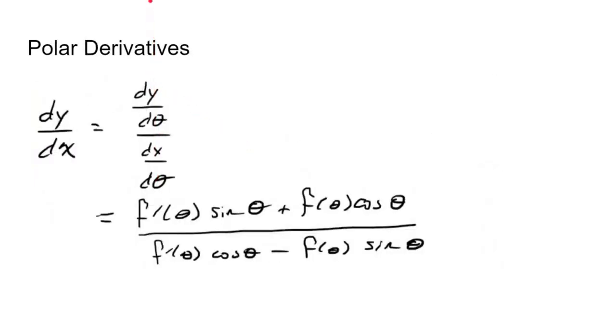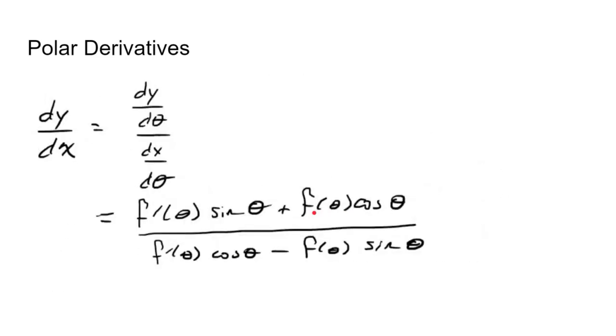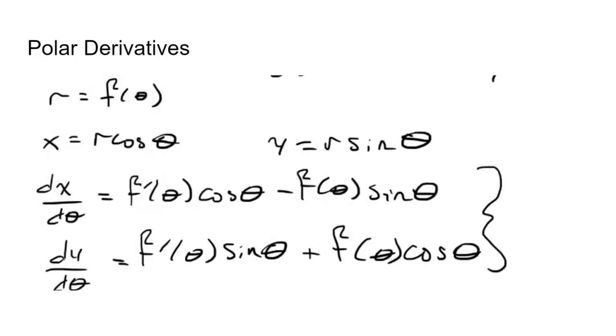dy d theta over dx d theta. So the only thing that changed was instead of t, we have theta, which it doesn't really matter what we call it. And then we have the quotient right here. And then this is just what I got in these previous two lines. So if you don't want to remember this formula, you could get away with it.